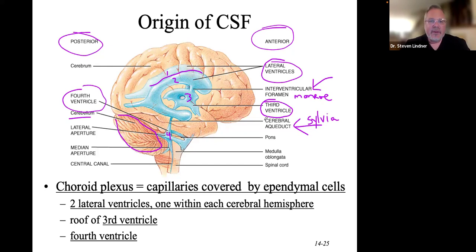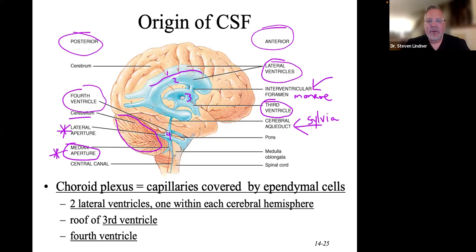After the CSF flows into the fourth ventricle, there's a few escape routes that CSF can flow. It can flow through a lateral opening, a lateral aperture. It can flow through a median aperture.